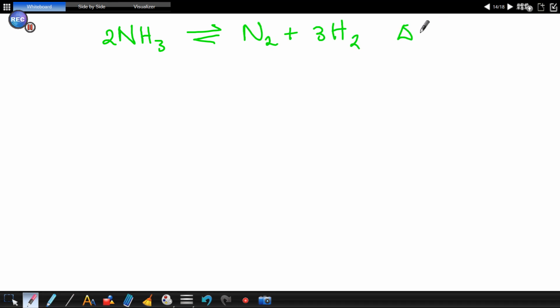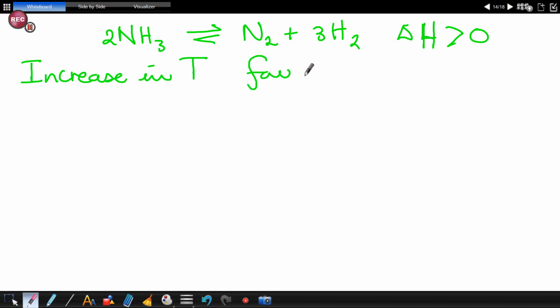This is your endothermic reaction. This is the reaction where an increase in temperature will favor. No! The forward reaction.